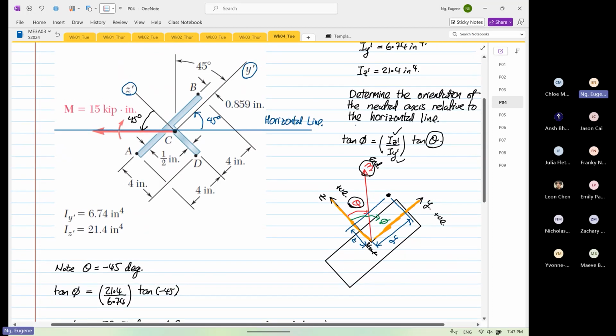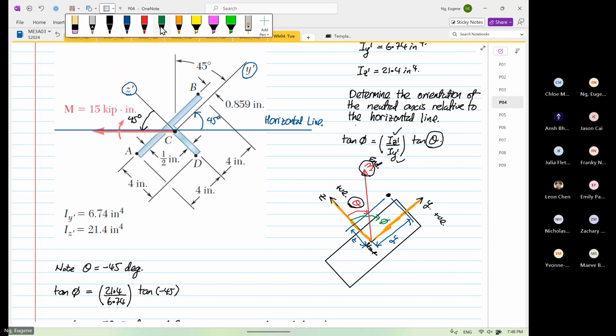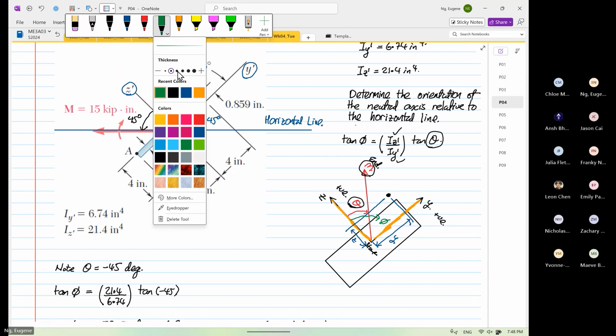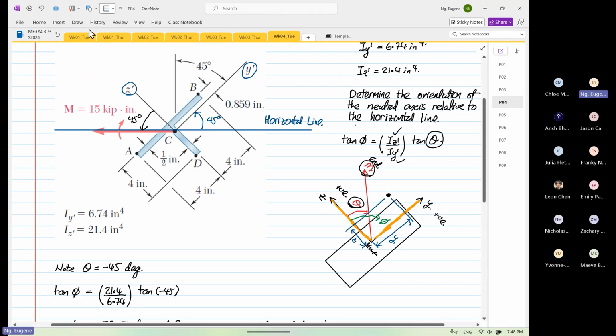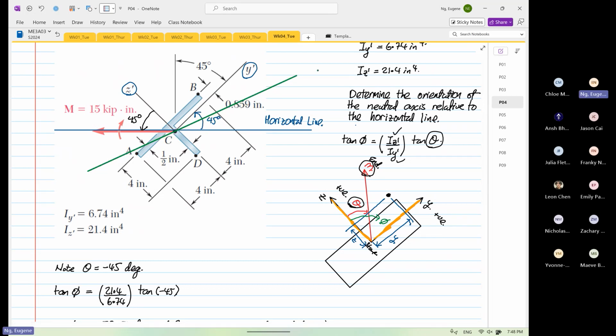So now this will be equal to minus, I'm going to draw in green. Okay. I'm going to sketch this in green. So this will be equal to 71.5. Okay. And this is the position of your neutral axis.